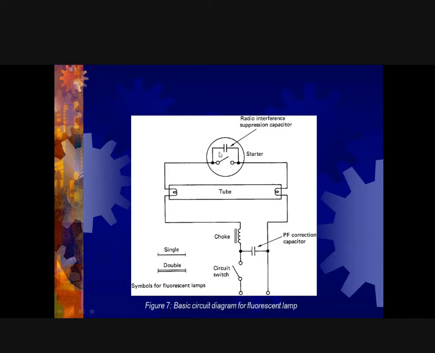Some you have to actually pull the cover, take out the bulb, pull the cover, and access the starter to change it. Without the starter, if the starter is bad, we cannot close the circuit to provide the starting current for the tube. So we definitely have to have a good starter.